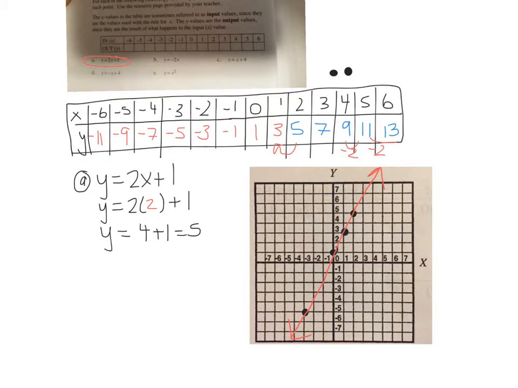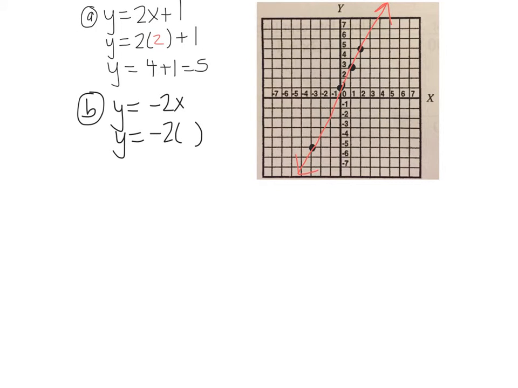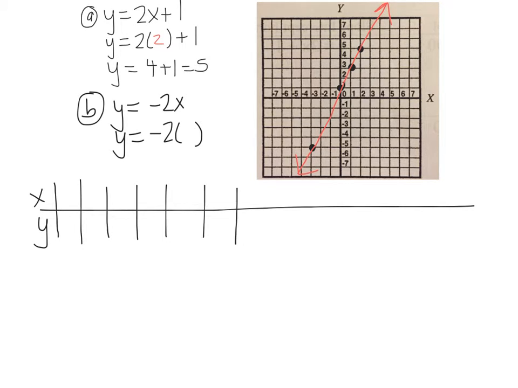Now your job for your homework, I just did letter A, is to do this again for question B. So you're going to write for question B, y equals -2 times x. You'll have to make a brand new table of x and y's, because you're going to find new numbers for this one. I'll start you off on this one, but you're going to have to graph this one on your own.